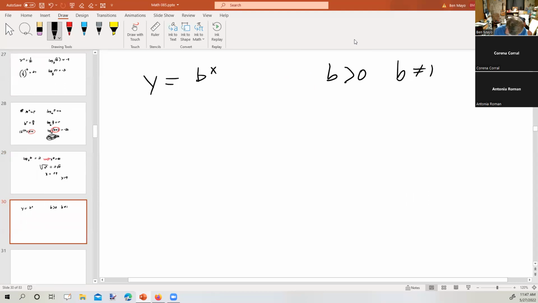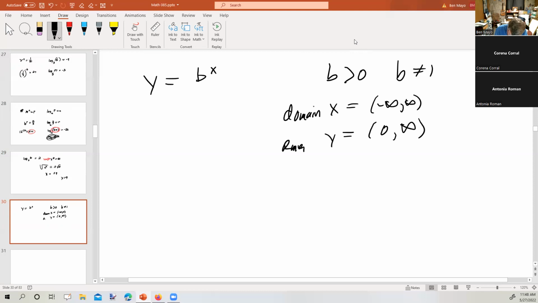And we talked about that the x values were all real numbers, so we'll say negative infinity to positive infinity, and that y had to be greater than 0. Do you remember all that when we were graphing? Basically your domain and your range.